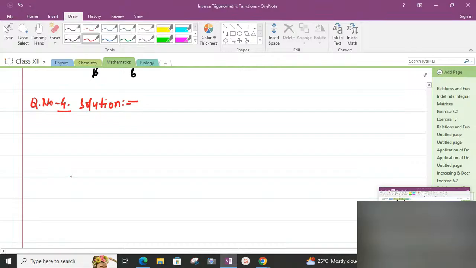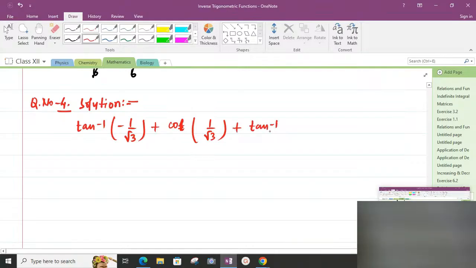Now I am going to write question number 4. tan inverse minus 1 by root 3 plus cot inverse 1 by root 3 plus tan inverse sine minus pi by 2.